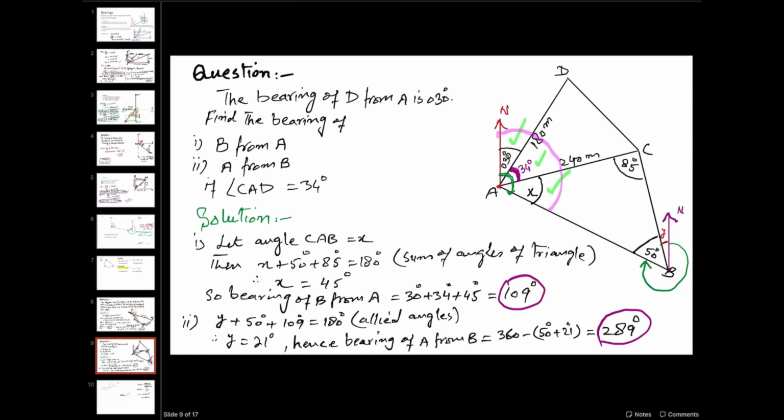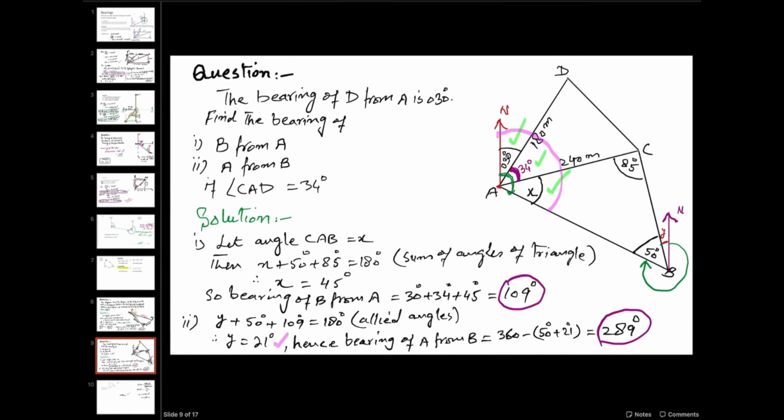Second part, y plus 50 plus 109 is equal to 180 degree. What's the reason? Sum of allied angles. Therefore, y is equal to 180 degree minus 50 degree minus 109 degree, or y is equal to 21 degree.